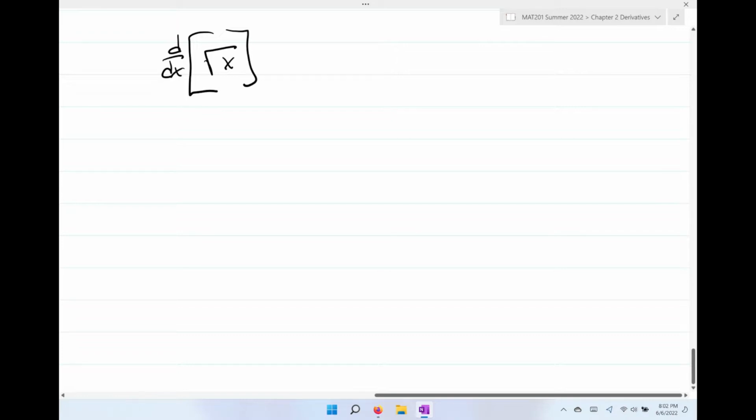So we need to go back and rely on our algebra. Hopefully we remember that the square root of x, this is raised to the first, the index would be a 2, hence the name square root. So another way to rewrite the square root of x is x to the 1/2 power. It follows this rule that we learned back in algebra.